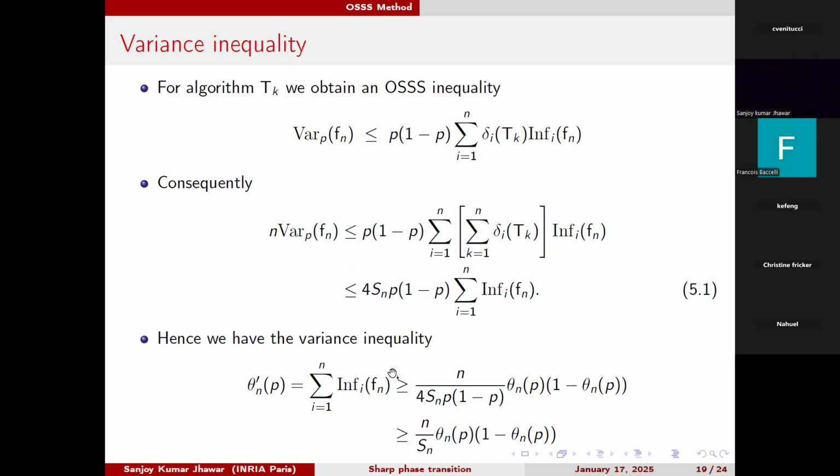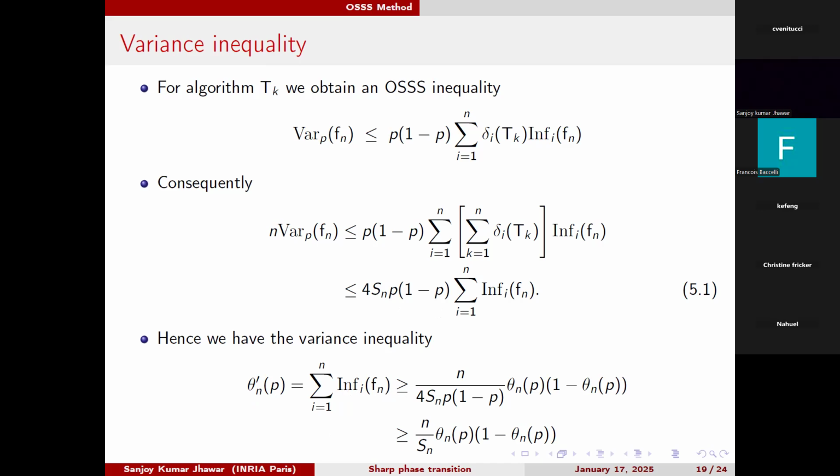So you can use that to derive an inequality like this, where you forget about this part, theta prime p. I'll go back to that, but the sum of influences is given by n times the variance of fn divided by this extra constant, but the constant depends on n. So for now what we have is a lower bound for the sum of influences.